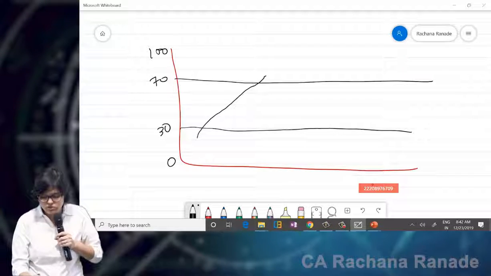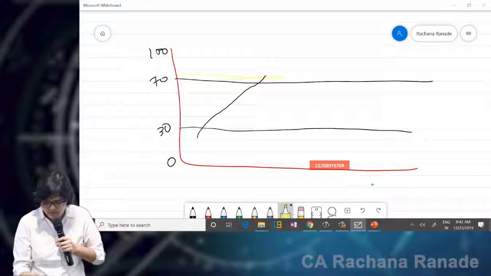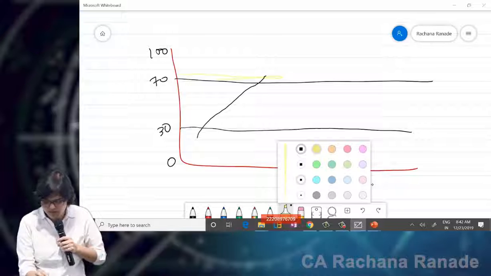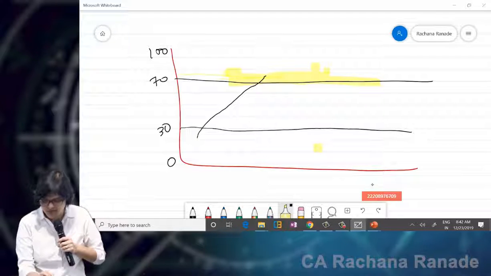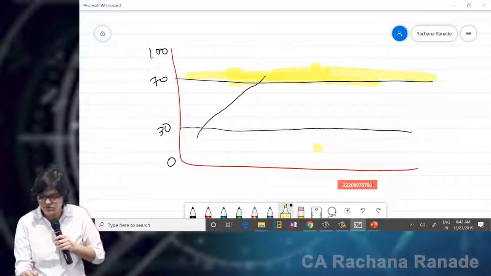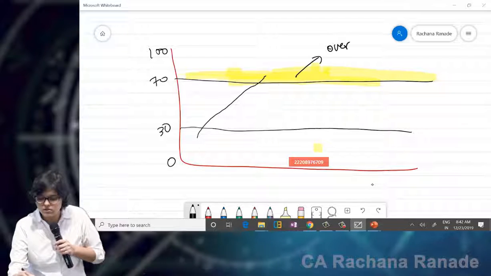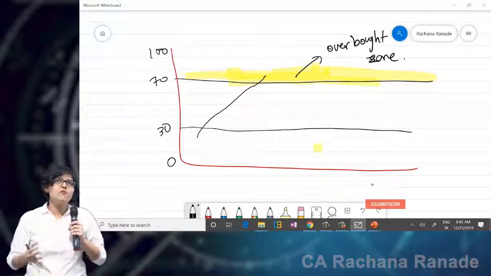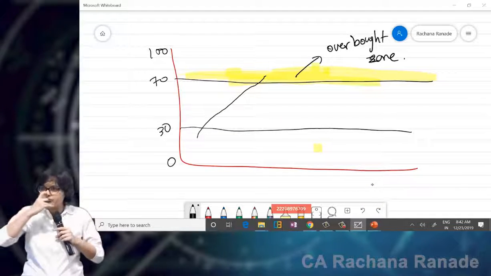So this zone above 70, they call it an overbought zone. People have bought it too much. It can't go up and up.